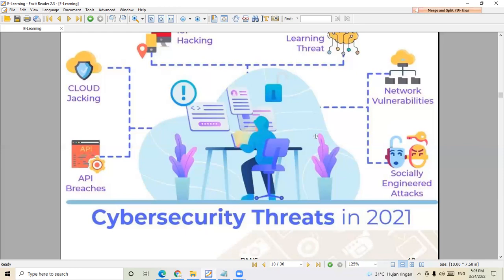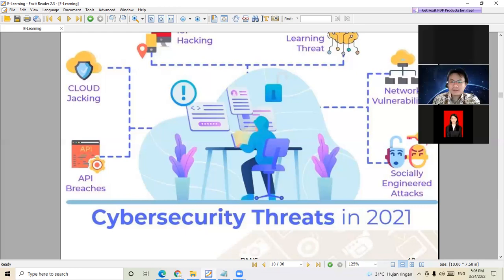We call it social engineering attacks, and it's surprisingly successful, because some people easily trust somebody. It depends on the people, right? Because we are different. Some people easily trust somebody, and some people find it very hard to trust someone.